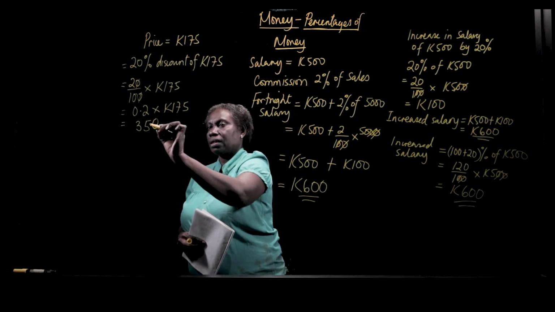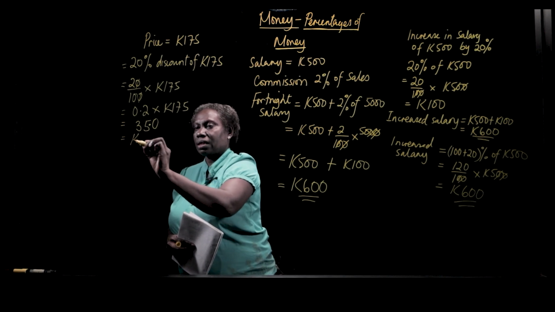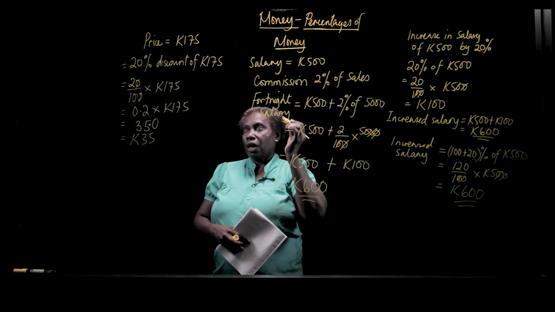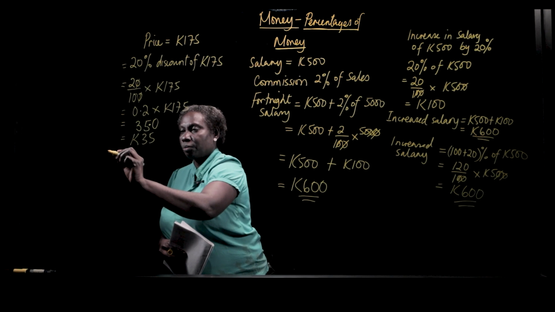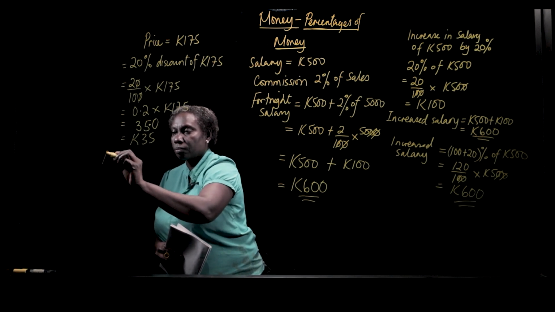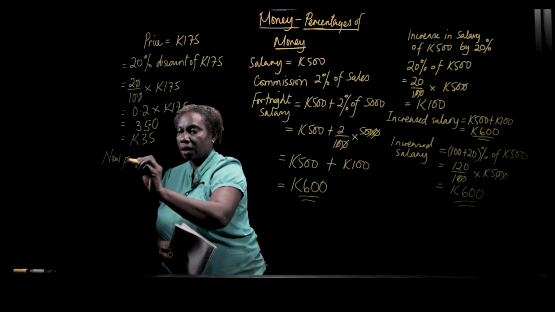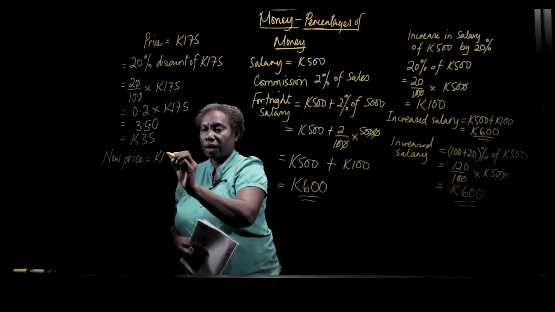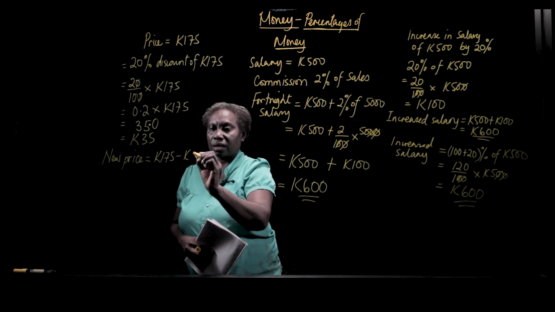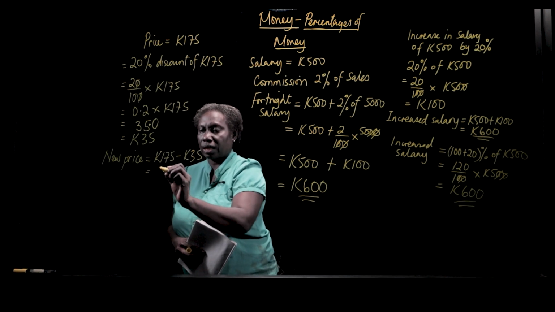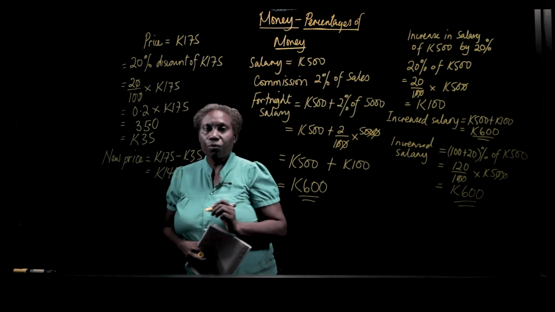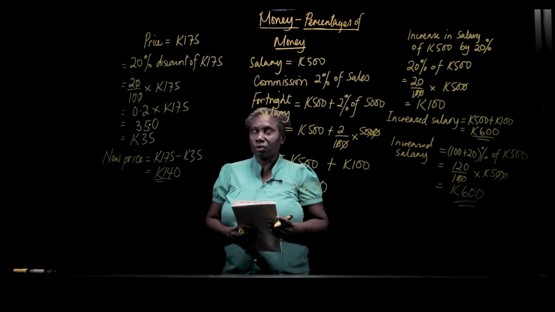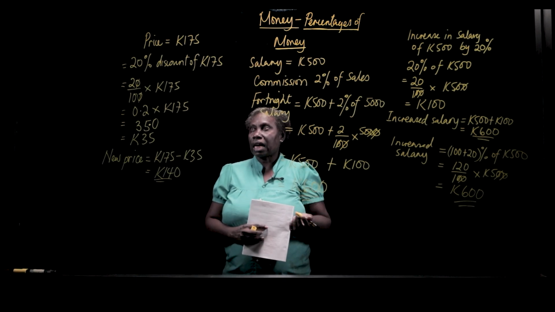How many decimal places? 1. So the discount is 35 kina. To find the new price, the new price after discount is equal to 175 kina minus 35 kina, and that will give us 140 kina.